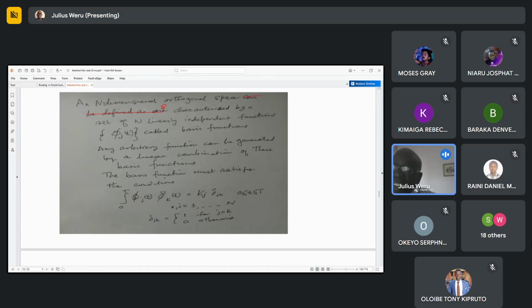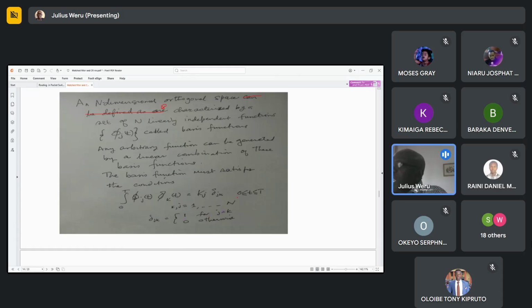And actually it's very similar to the delta we know, the other delta, the Dirac delta, except the Dirac delta is one-dimensional. So this is very important.